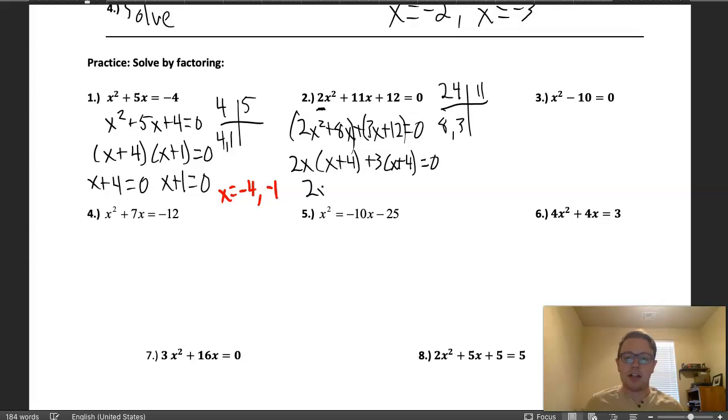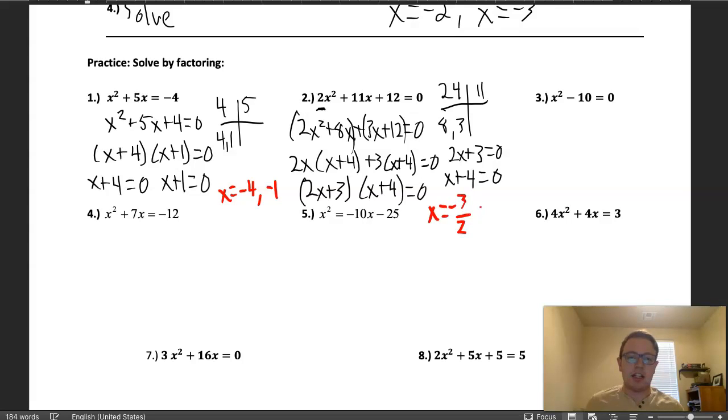Or that'll be 2x plus 3 times x plus 4 is equal to 0. We set each of these individually equal to 0. 2x plus 3 equals 0, and x plus 4 equals 0. We find that our answers are x is equal to minus 3 over 2, and x is equal to minus 4.